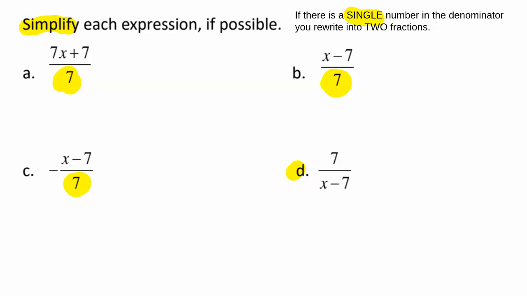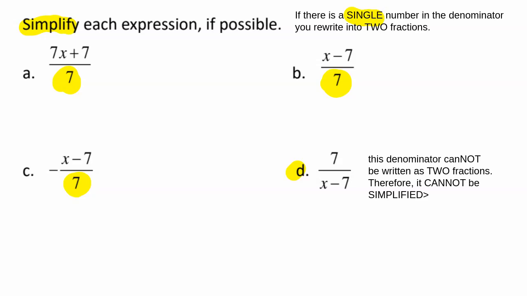Therefore, it cannot be simplified. Okay. The denominator cannot be written in two fractions. I've got a binomial in the bottom. It's not a single number.